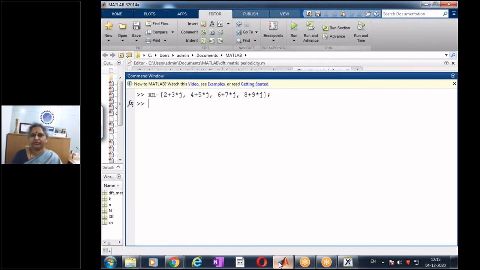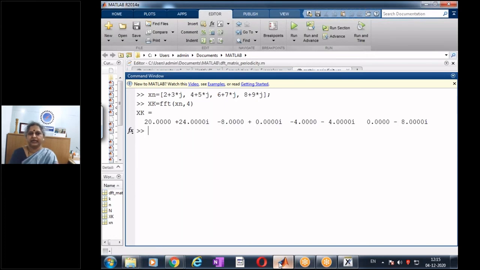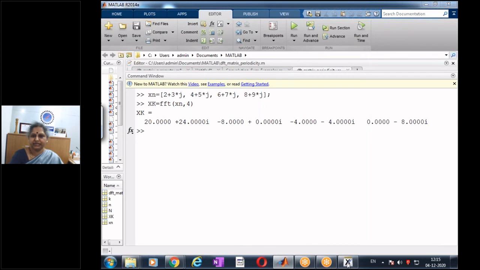And we know how to compute the 4-point DFT by creating the 4 by 4 DFT matrix and multiplication. But since we have seen such examples and now we want to focus on the properties of DFT, I'm just taking the help of MATLAB in computing the DFT of the sequence x of n, and we need a 4-point DFT. Let's look at the result. Now I have the first term as 20 plus 24j.